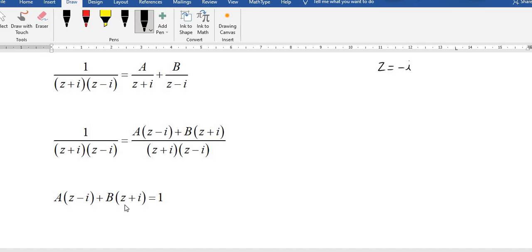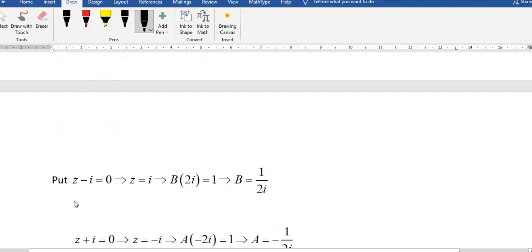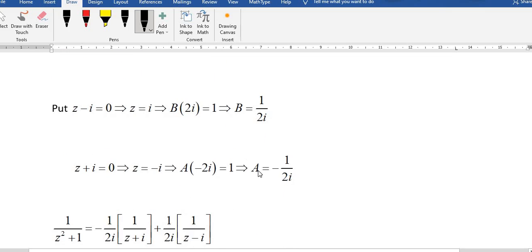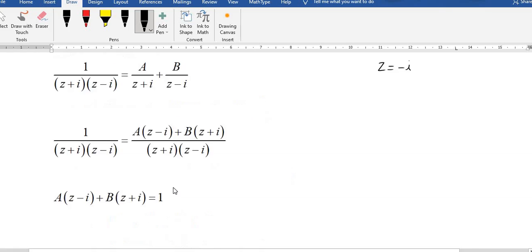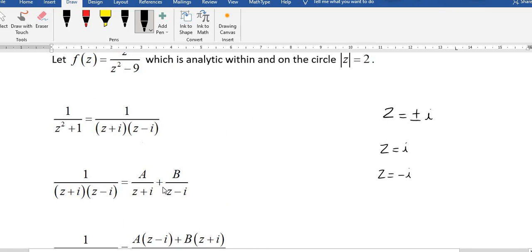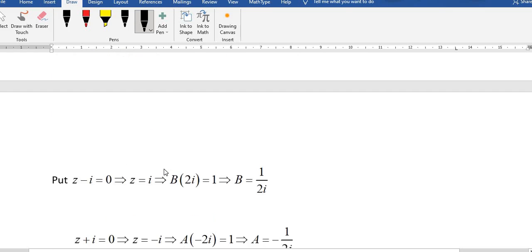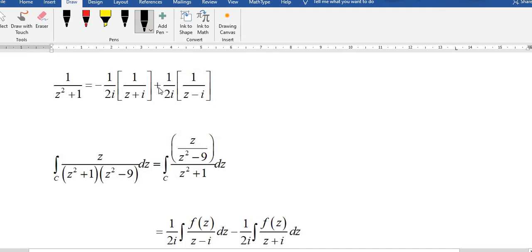Again put z equal to minus i, then this term vanishes. At that time we get the a value. So observe, the a value is minus 1 by 2i, the b value is 1 by 2i. Substitute these two values here. Then we are going to get this step.